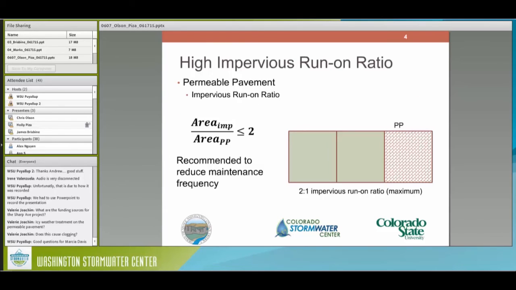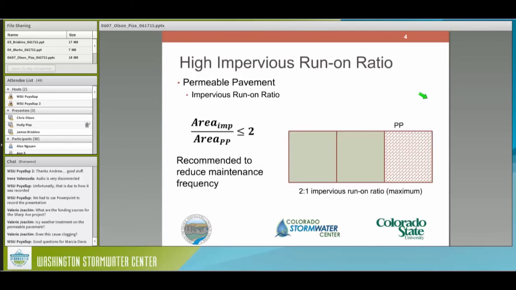So a little bit more on that run-on ratio, and I've heard a lot of different recommendations from different people on the recommended maximum run-on ratio, and this is what we have at the Urban Drainage Flood Control District. This is our criteria for permeable pavement run-on ratio. We use a 2-to-1 impervious run-on ratio to the area of permeable pavement. I've heard some people recommend no run-on area.